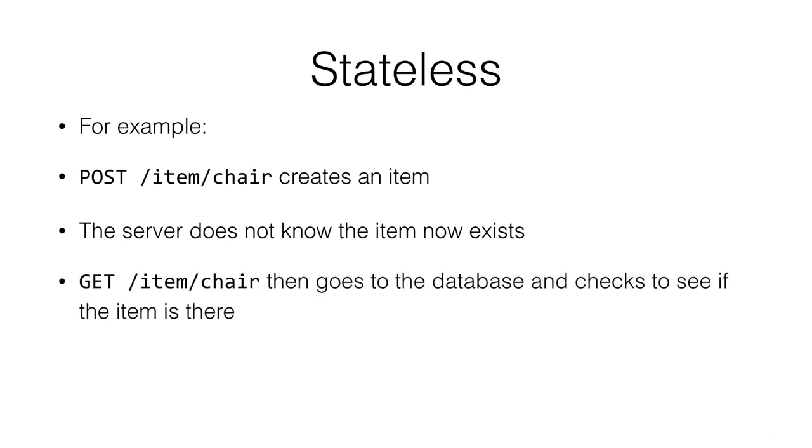When we do GET /item/chair, the server cannot say, okay, this exists. It has to go to the database, check to see if it exists, and then return the item to us if it does exist, or an error otherwise. So as you can see, this sort of makes sense, but the server doesn't know that the item exists. It has to do the full check, go to the database and check it.